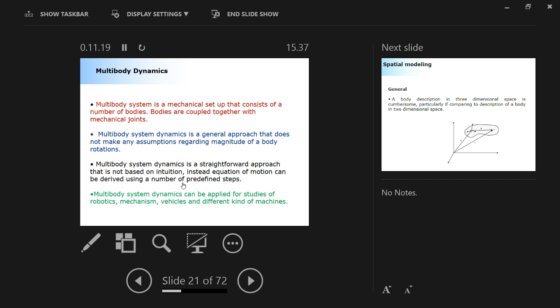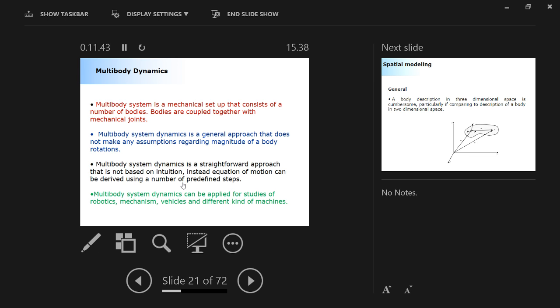That's where multi-body is coming from. Another important note is that the bodies are connected together with mechanical joints, and these mechanical joints we can express mathematically by using constraints. That's what we did, and this is what we're going to do in this course as well.